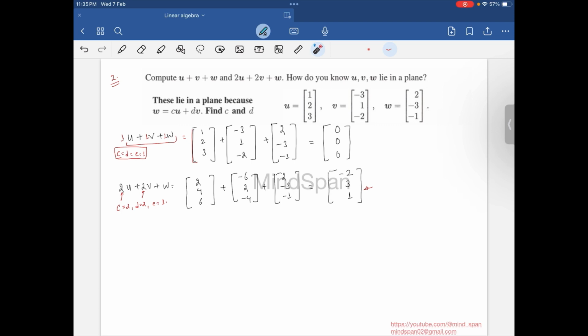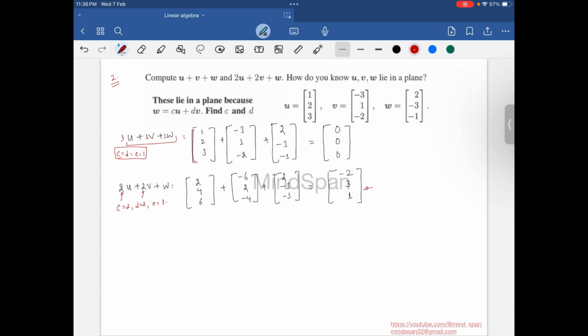So in this question we are also given that this lies in a plane because w is a linear combination of u and v. So this vector w is a linear combination of them, but for what particular values of c and d will you get this w, right? That we have to find, c and d.